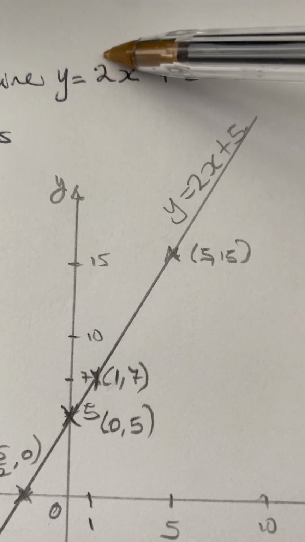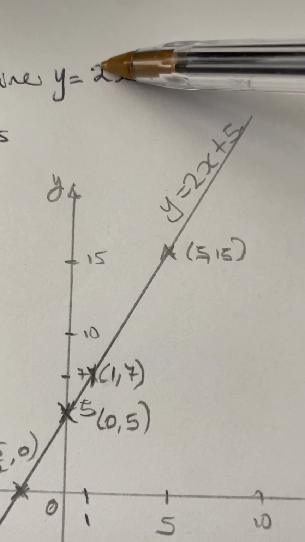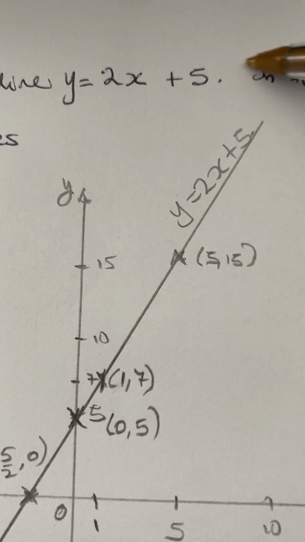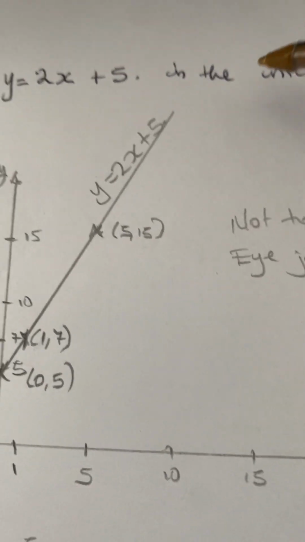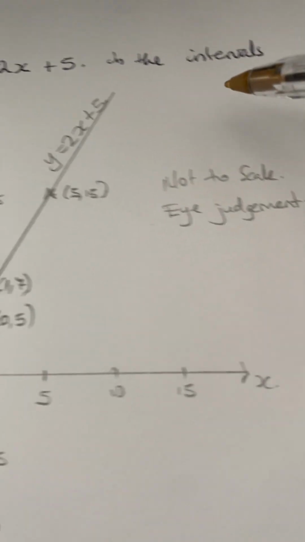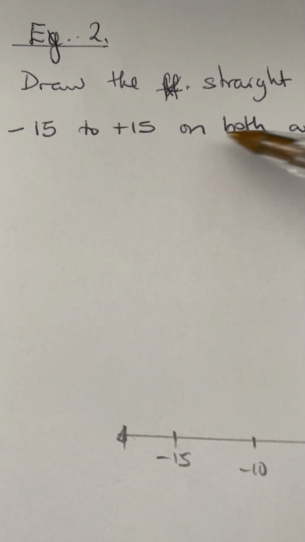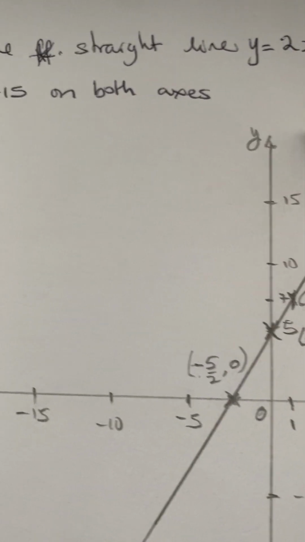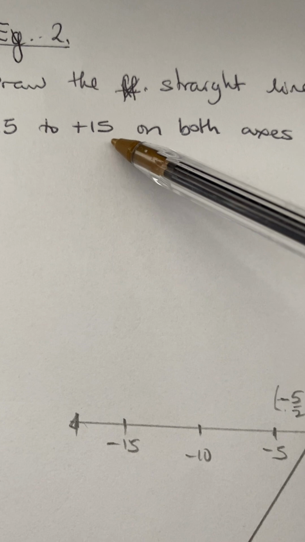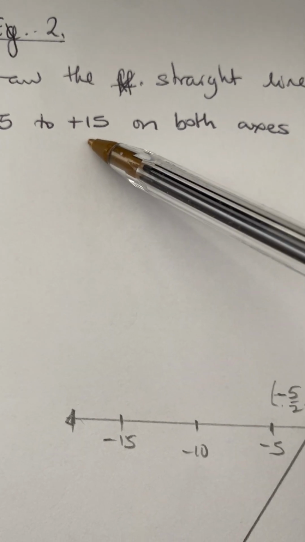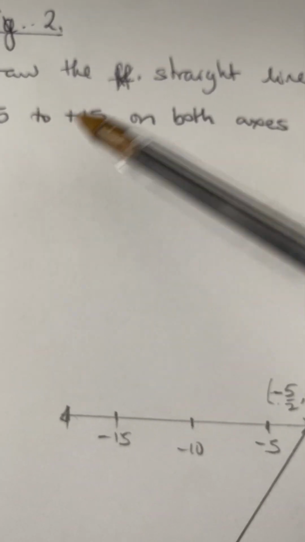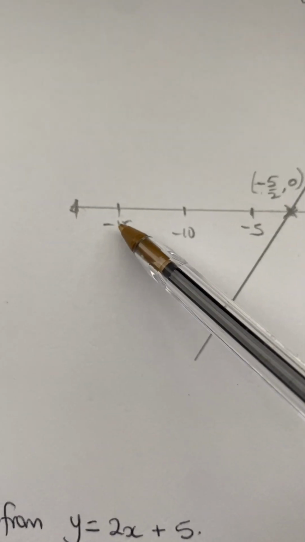Your gradient is 2. If you use y equals mx plus c, in the intervals minus 15 to plus 15 on both axes. So they've given you the intervals you should use. So don't use your own interval here. So look at it on both axes.